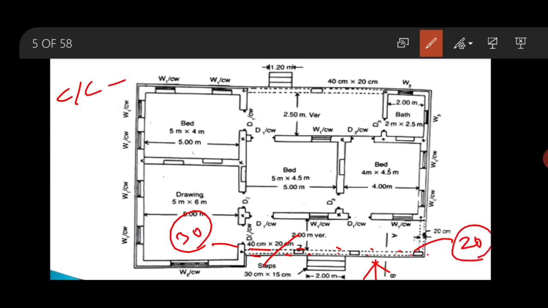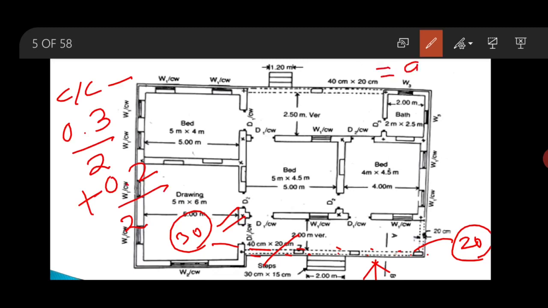So from the center to center length of the long wall, we will subtract half of the width of the brickwork in superstructure for the 30 centimeter wall and we will add half of the width of the brickwork in superstructure for the 20 centimeter wall. Clear? That means from the center to center length of 9.65, we will subtract 0.3 by 2 and add 0.2 by 2.